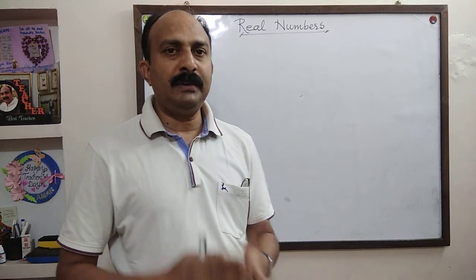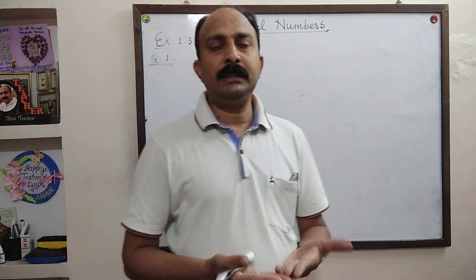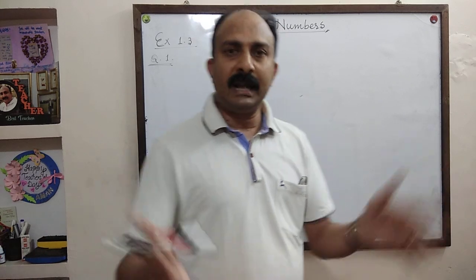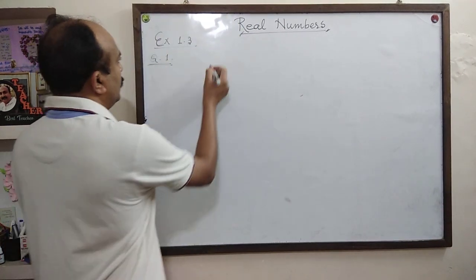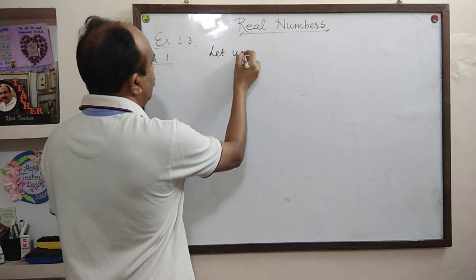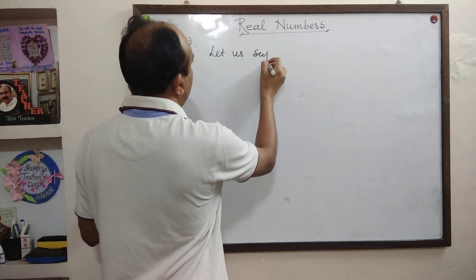In order to prove root 5 is irrational, we will begin with: let us suppose that root 5 is rational.